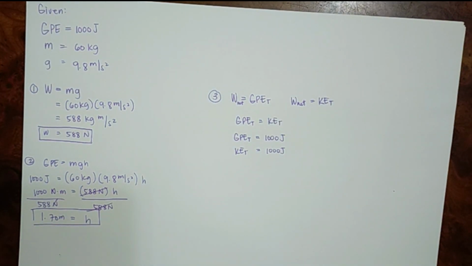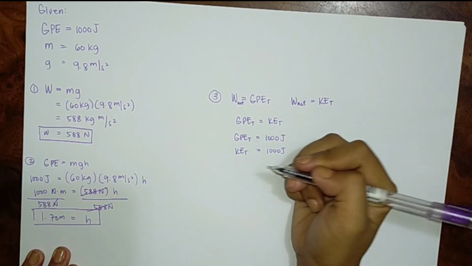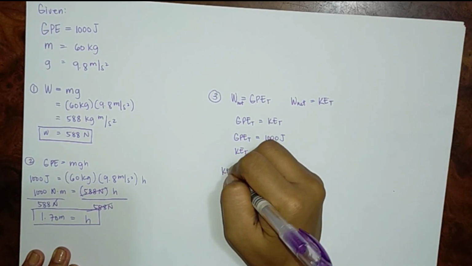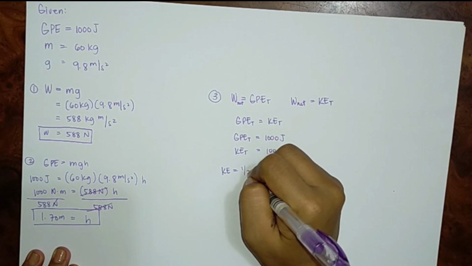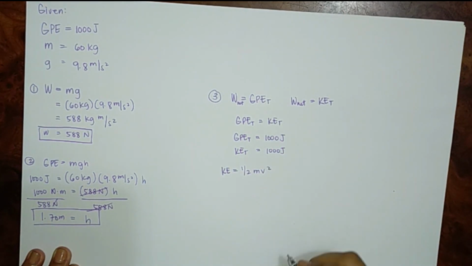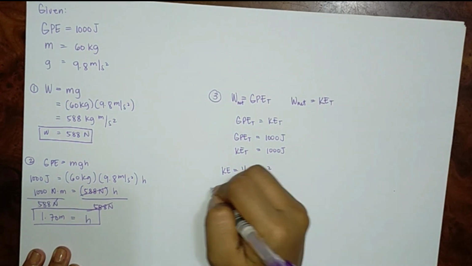Now that we already know the KE total, we can now get the velocity or the speed at the bottom of the hill. In getting the velocity or the speed, we are going to use our equation KE is equal to 1 half mv squared, and then substitute the values in the equation.